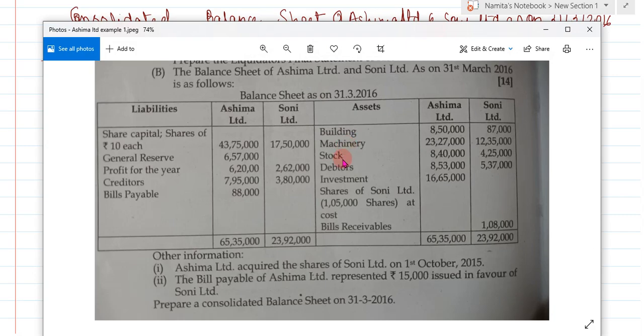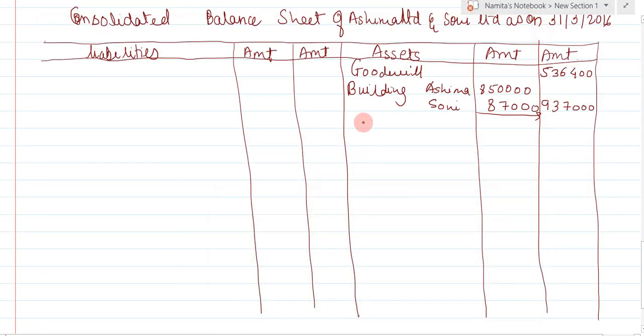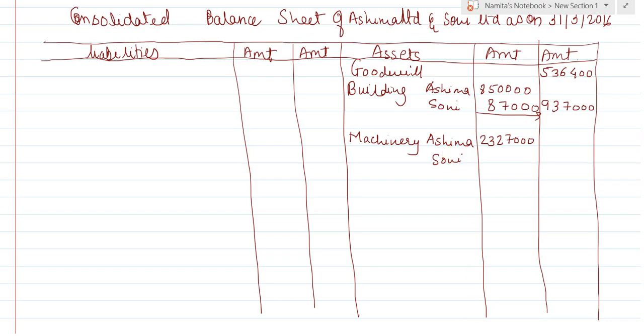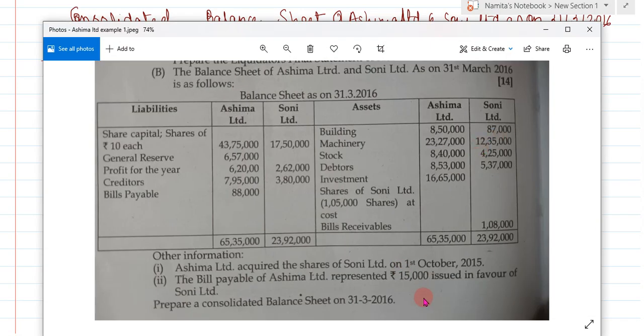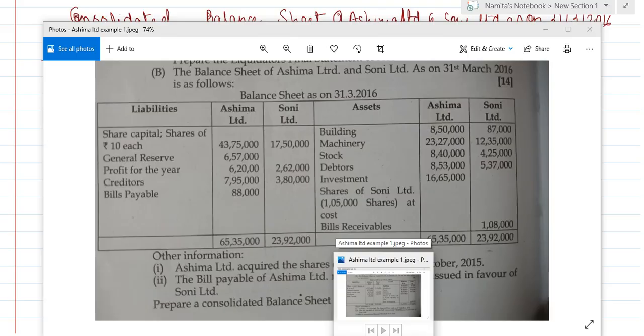After machinery, stock, and after stock we have debtors. So check the amount. Machinery of Anshima Limited is 23,27,000, and Sony Limited machinery is 12,35,000.